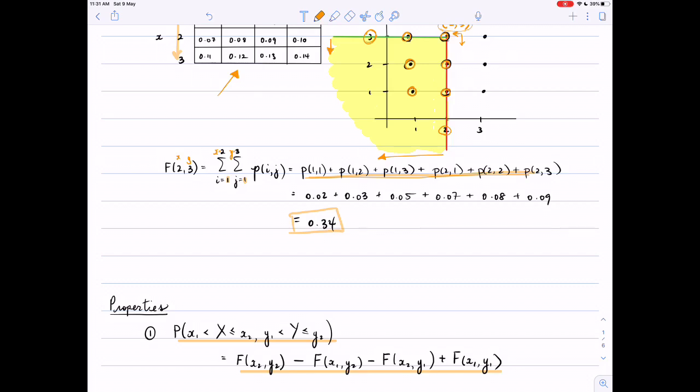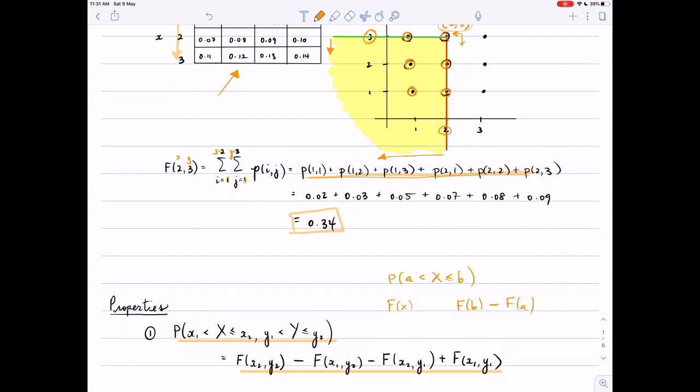In the single variable case, we would have had the following. We would have had F of x as the CDF, and if we wanted the probability that A is less than X is less than or equal to B, we would have written that as F of B minus F of A. And that would have been straightforward.